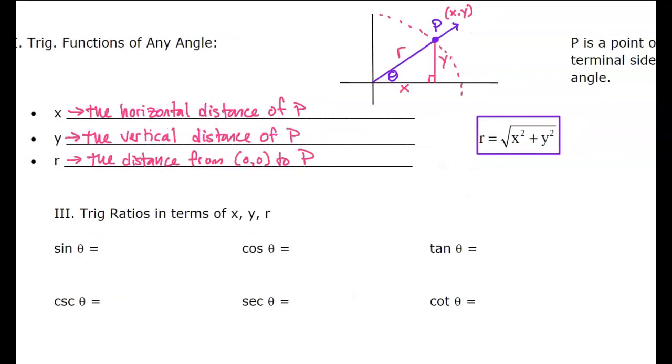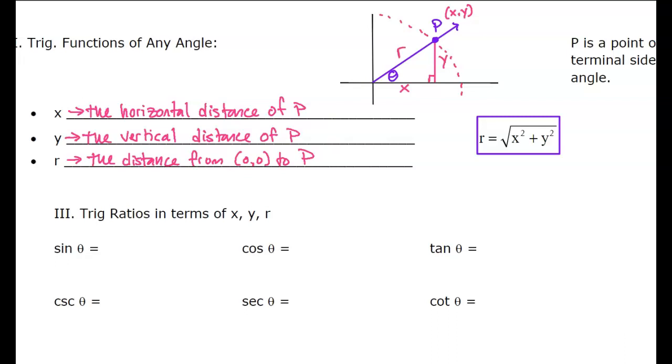Sometimes it's super easy to go right into an example and solve for values given point P. Like you can solve for the angle, the distance r, the x value, the y value. But sometimes it's really hard to conceptualize exactly how to find those missing values.